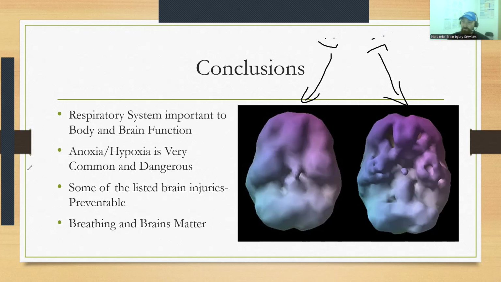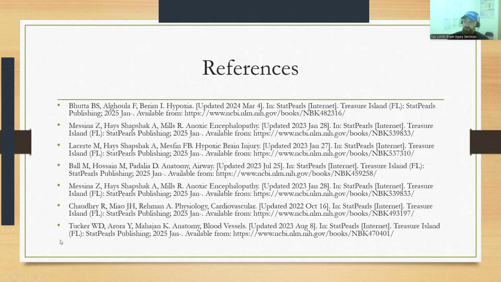So think about it. That tracer is going through the activity and you see some deficits there, even though if you were to actually scan the brain physically in person, it would look normal. And that's why hypoxia and anoxia are vitally important to learn. But with that being said, I think I will conclude it here. Those are my references.